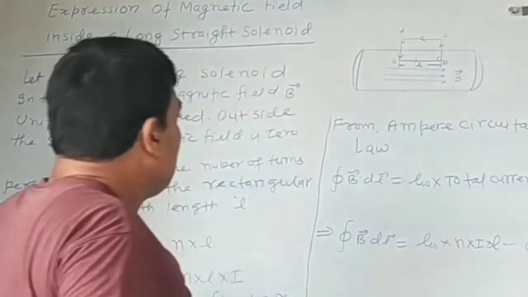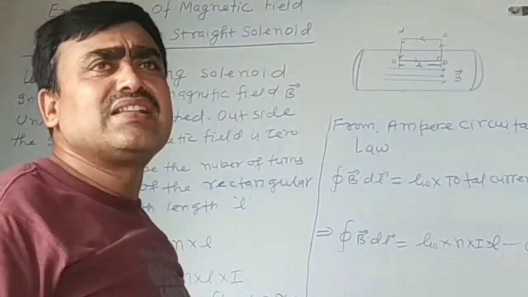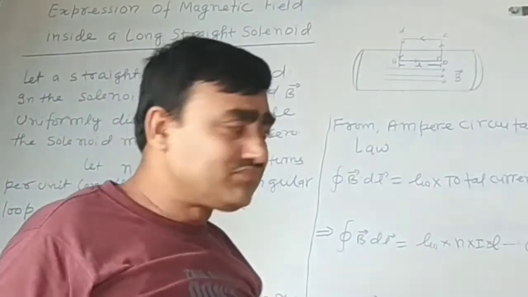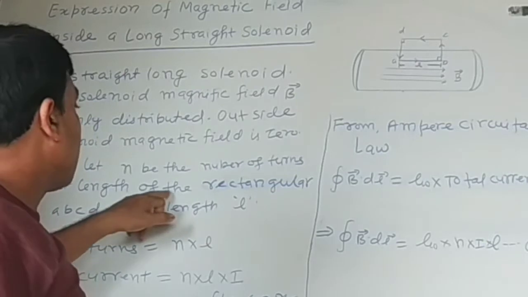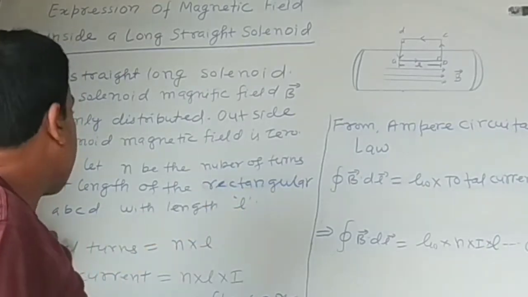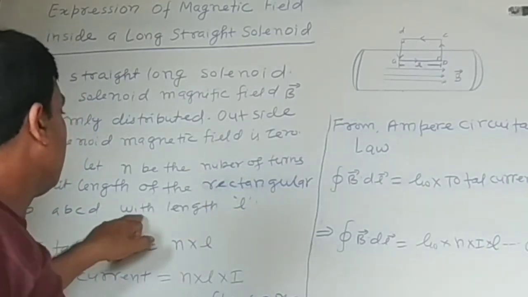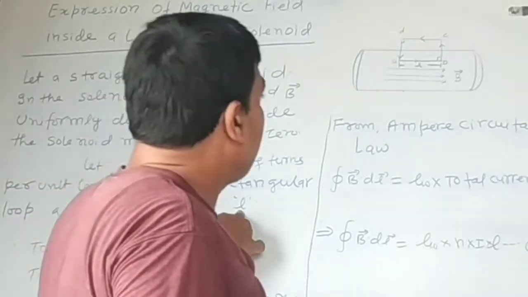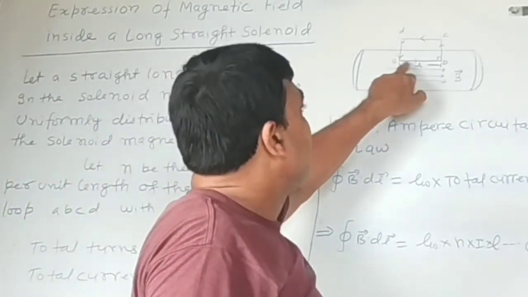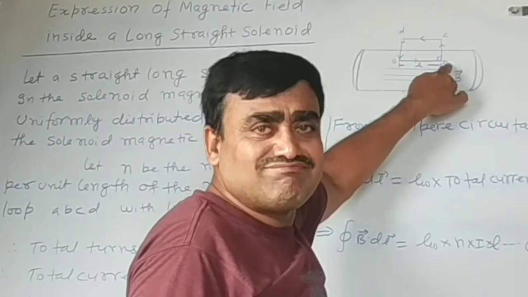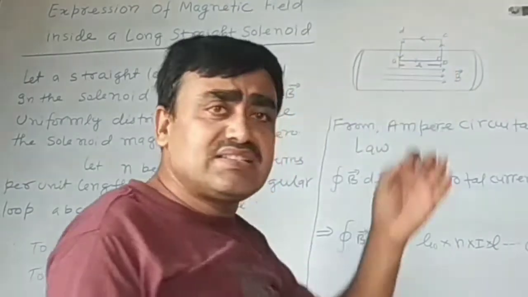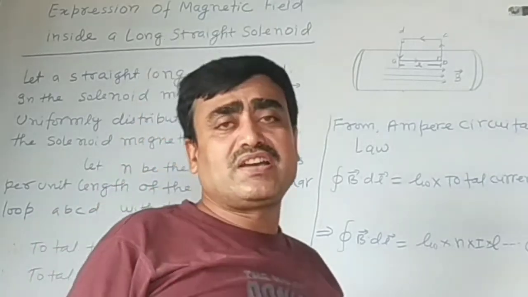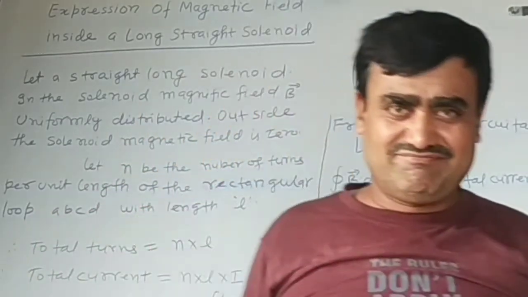Now we assume that the solenoid has a large number of turns. Let n be the number of turns per unit length, and the rectangular loop ABCD has length L. The length of side AB is L and it has n turns per unit length.